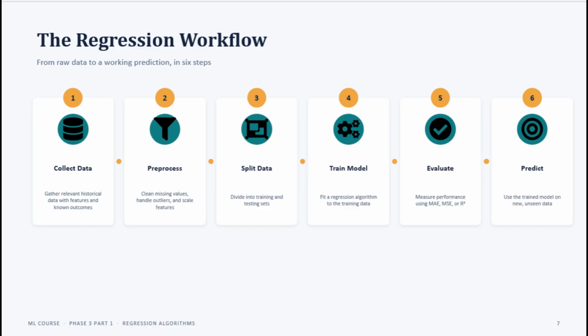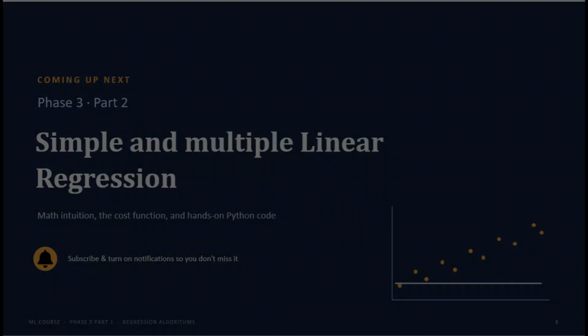Once the model is trained, we evaluate its performance using metrics such as MAE, MSE, RMSE, or R-squared score. Finally, if the model performs well, we use it to predict values for new, unseen data. This workflow is common to almost every machine learning project you'll build.